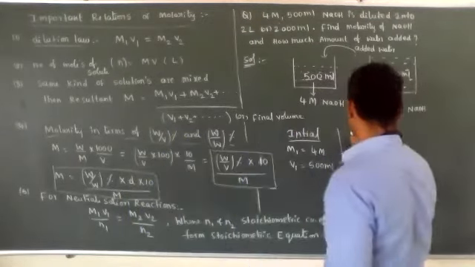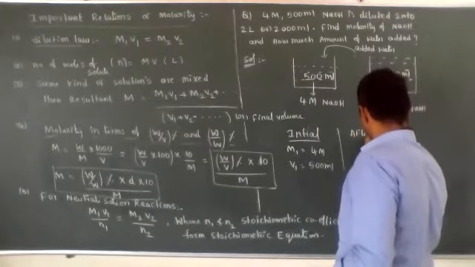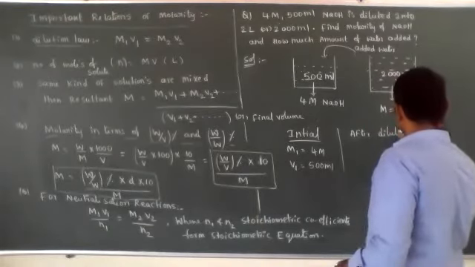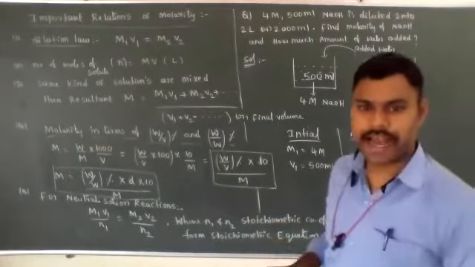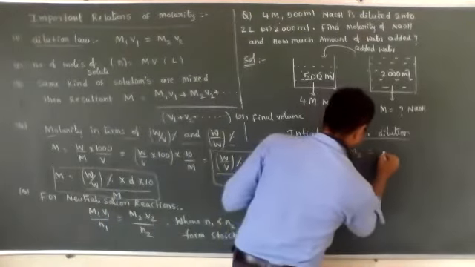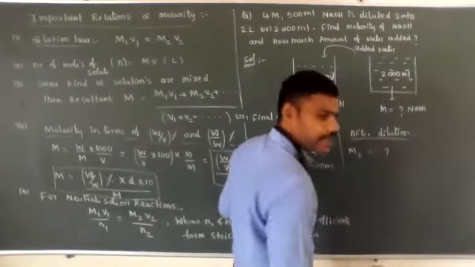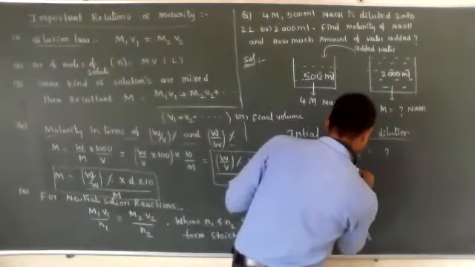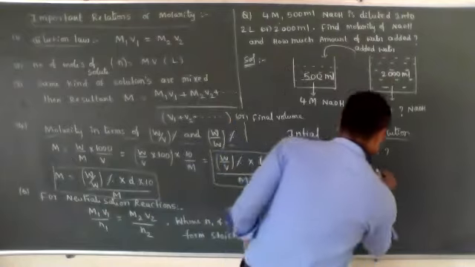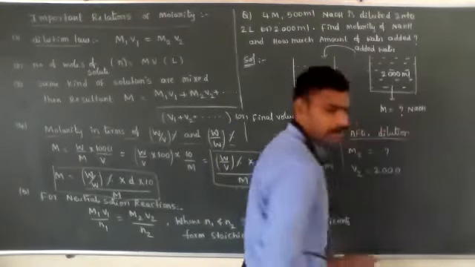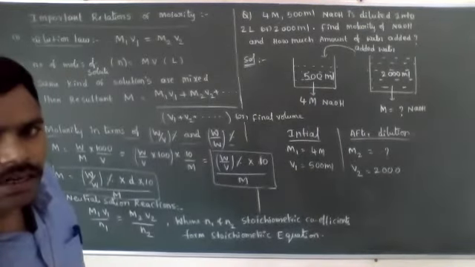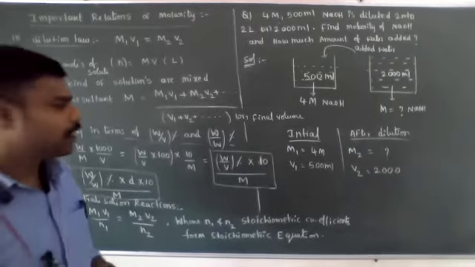After dilution, we just added some amount of water. The concentration of NaOH after dilution we don't know, we need to calculate. But volume V2 is the final volume, 2000 ml.